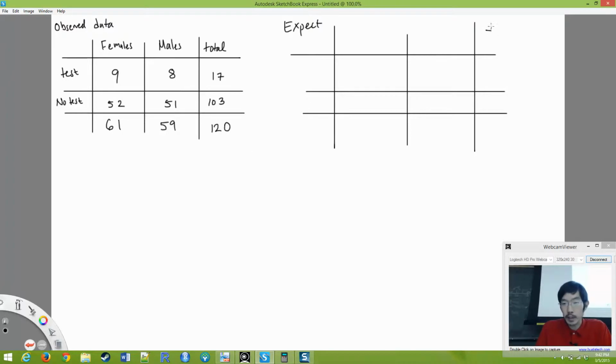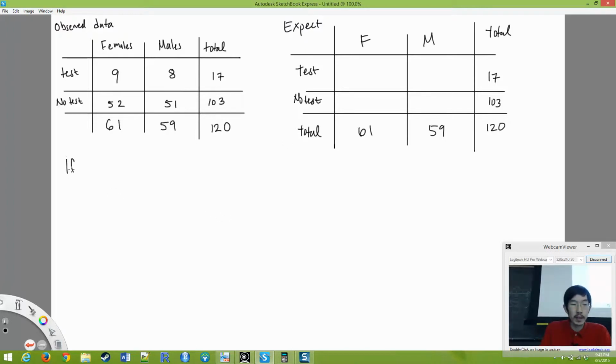So I'm going to just keep the total rows the same, okay?